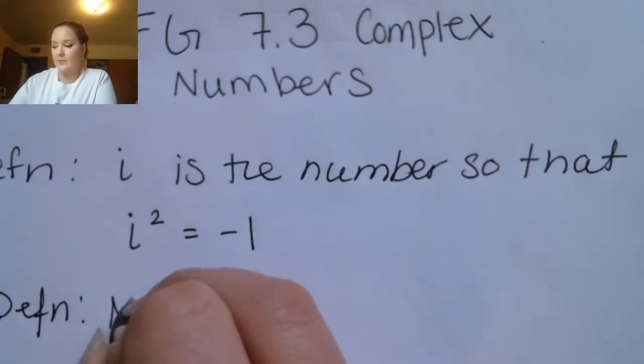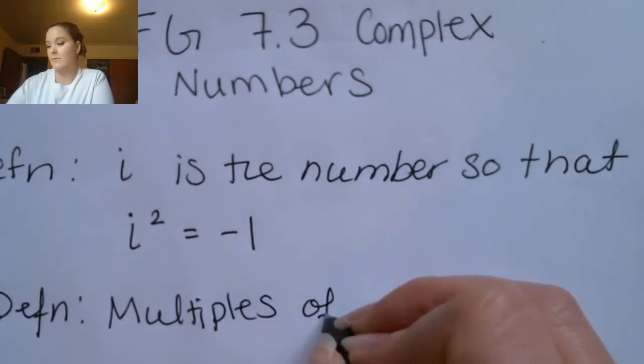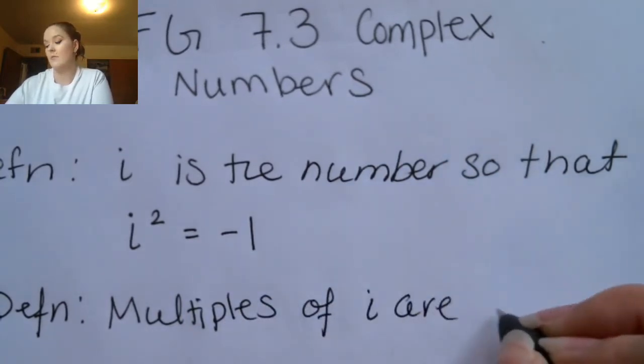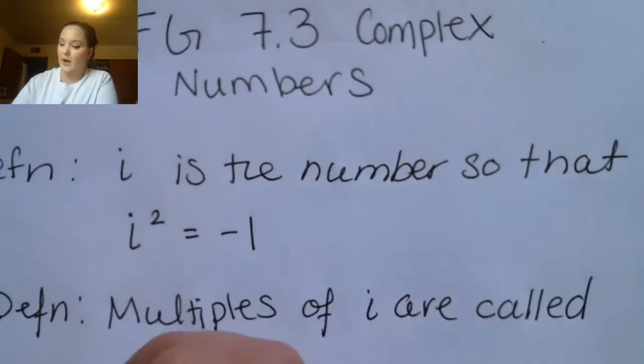Okay, so multiples of this number have a special name. Okay, so any multiple of i is called an imaginary number.